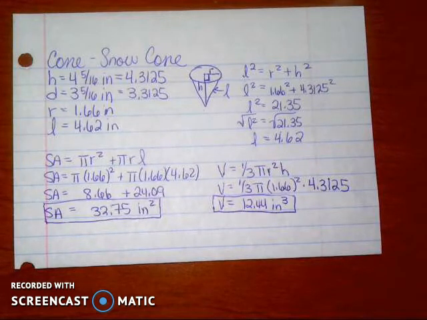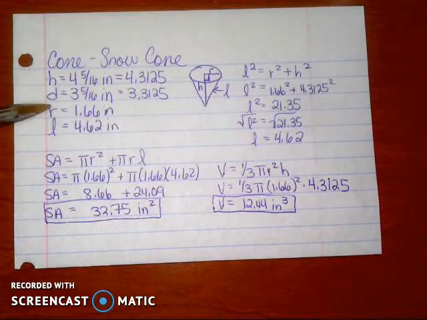Again, I did have to calculate certain dimensions. On the website, they gave me the height and they gave me the diameter. I need the height, the radius, and the slant height for the calculation. So I take the diameter and halve it to get the radius.